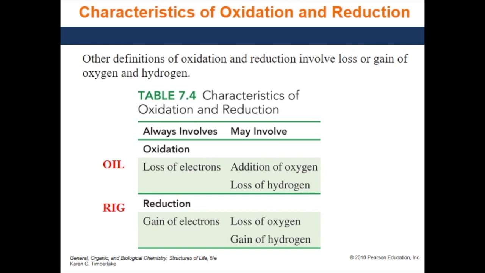There are some more definitions of oxidation reduction reactions. The first we saw was oxidation is loss of electrons, reduction is gain of electrons. Sometimes it is very difficult to see the electrons being transferred. So sometimes you could also see, in case of oxidation, oxygen is being added. Oxidation is coming from oxygen. So if something is getting oxidized, addition of oxygen is happening there, or loss of hydrogen.